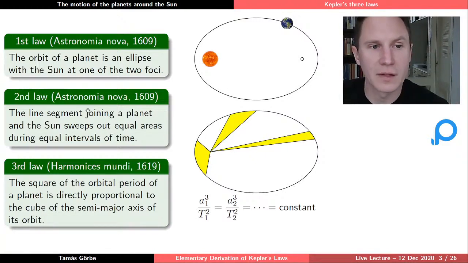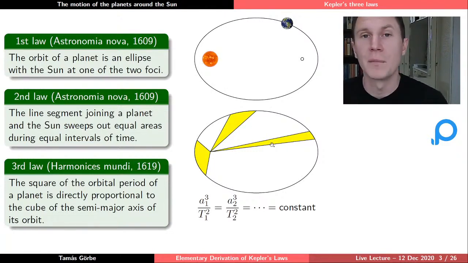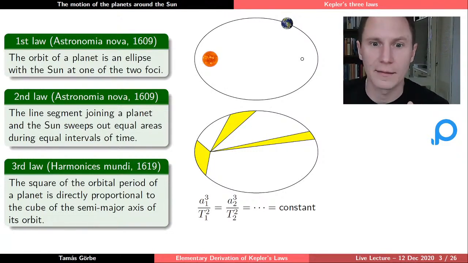The point of this law is that in equal times it always sweeps out equal areas. So let's say in each month it sweeps out the same area, that line segment connecting the Sun to the planet.